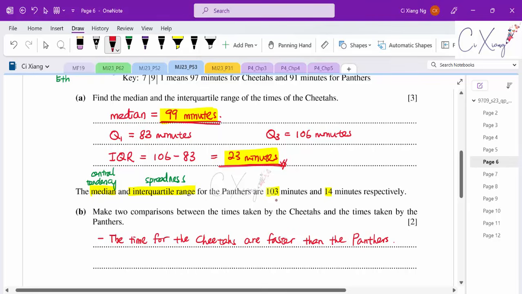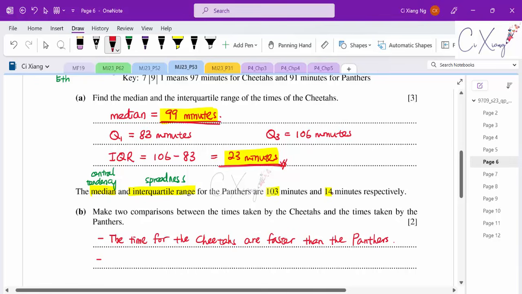And then after that, we are talking about the spread, the interquartile range. For the cheetah group, the interquartile range value is larger, and for the Panthers, the interquartile range is smaller. Since the interquartile range measures the spread, therefore you can write like this.